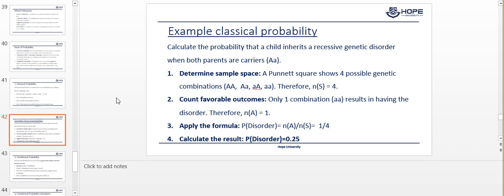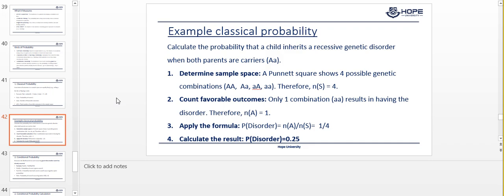That means we are drawing how the genetic values of mother and father can occur before childbirth. So we have S equals 4. The total number of outcomes is 4 possibilities. No other possibility we have.